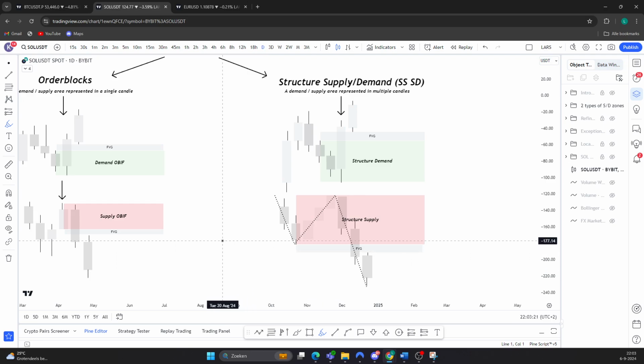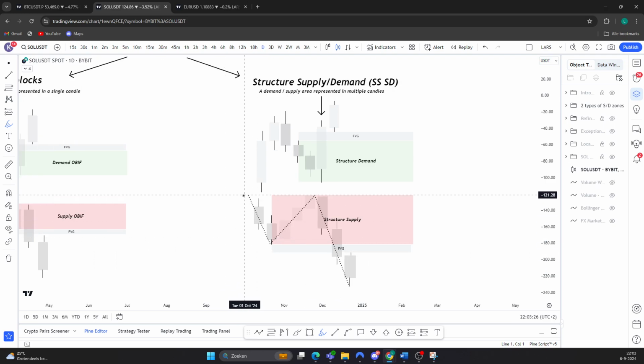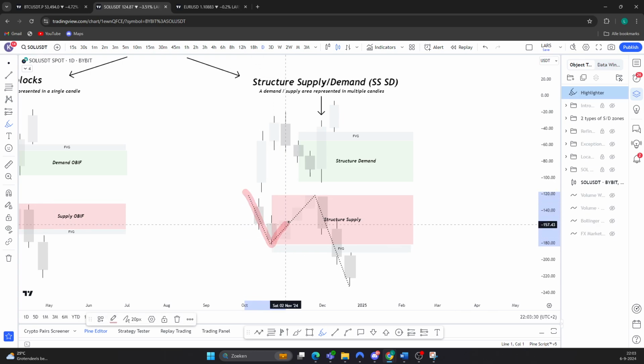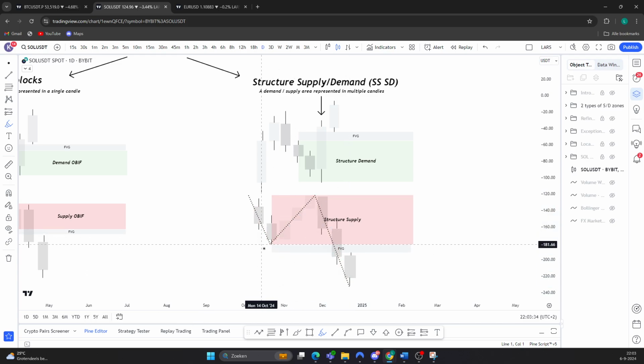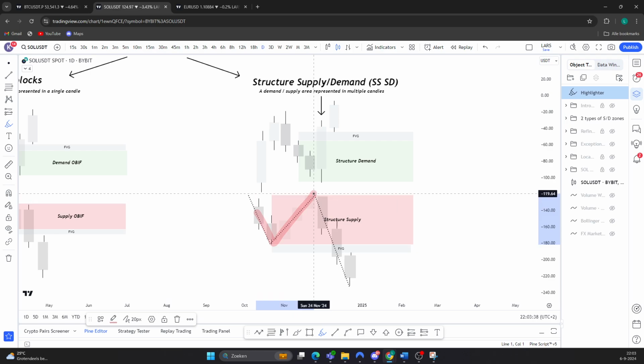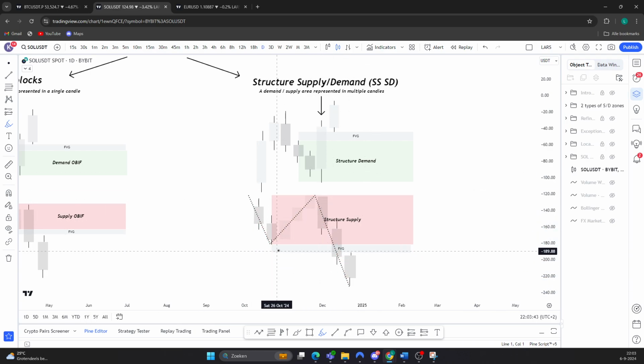Now, the reason why it's called structure supply or structure demand is because oftentimes we just follow our structure. So if our structure is making lower highs and lower lows following the 6 candle rule, we can use the entire move up before having the expansion towards the downside as our structure supply, as long as it has left a fair value gap.